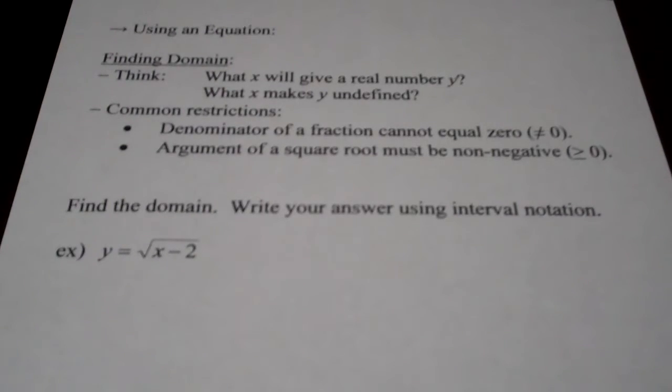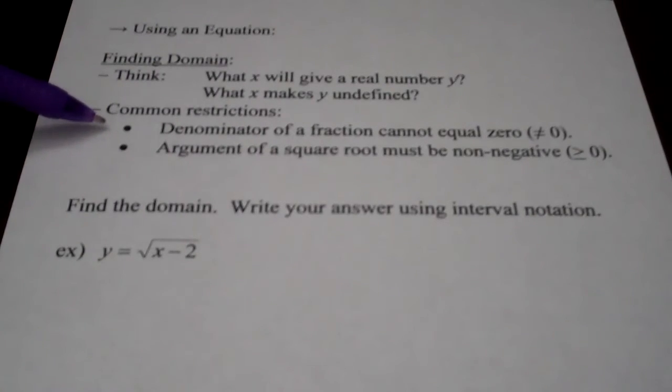So some things you want to think about when you're talking about domain. Remember, the domain includes all of the real number x values that produce real number y values. So I want to think, okay, what x is going to allow me to get a real number out for y, and maybe the opposite of that, what x is going to make y undefined, because those are the x's I do not want to include in my domain.